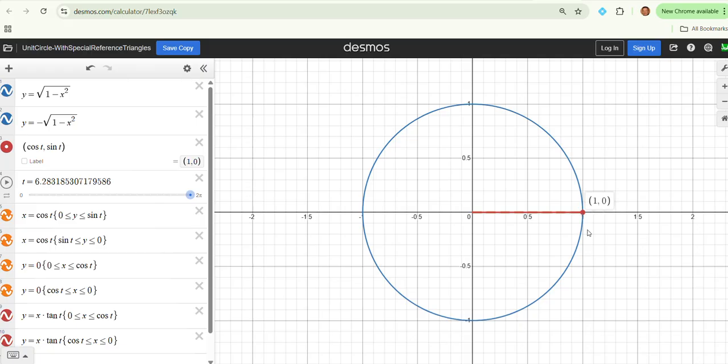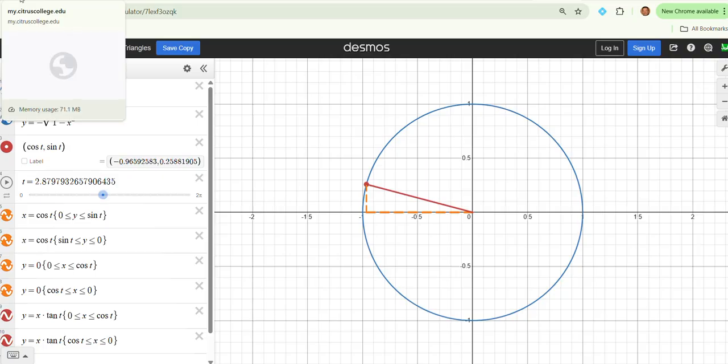Similarly, if you focus on the y values of all of these reference triangles, the dashed orange lines that are the opposite side length in here, those are a proportion of the radius of 1 in terms of the sine values. If you focus on all those y values being positive and negative, you can see how that's related to how the sine wave is above the x-axis, then below, and then back above it.